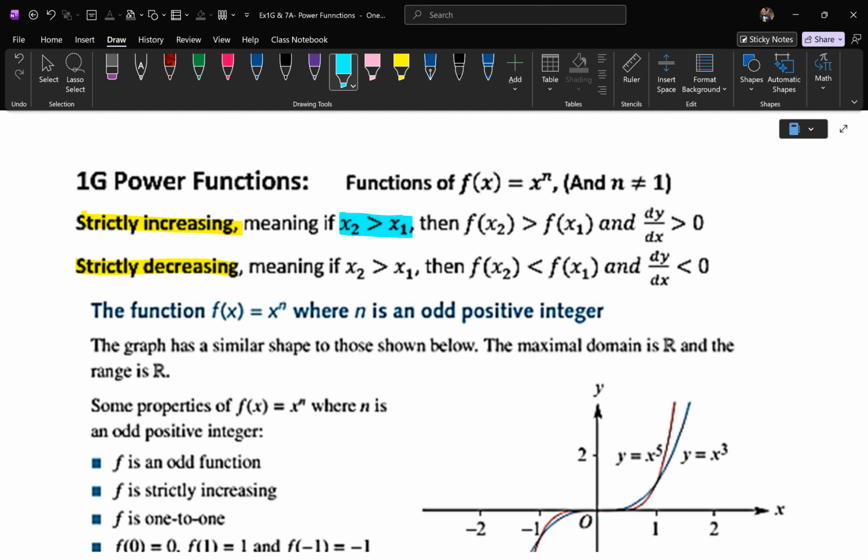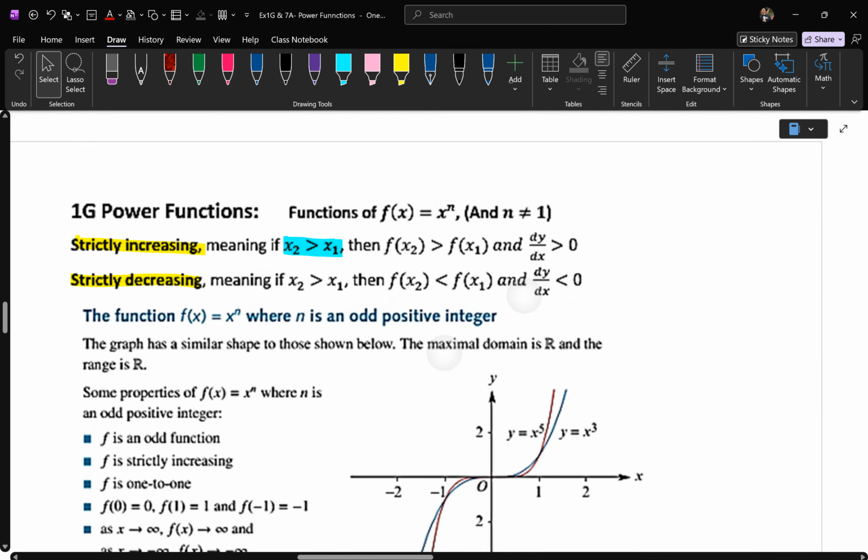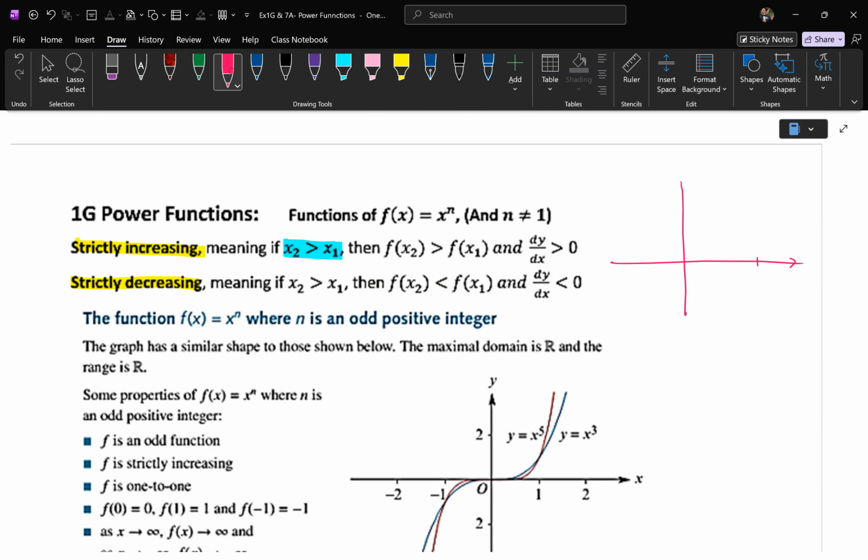The definition for what does strictly increasing mean? Literally here, so it's saying if you choose on your x-axis, I'll just draw an axis for you to see, x2 is bigger than x1. So it means that if x2 on the x-axis is larger than x1, so you've got a larger x value than the previous one, and that corresponds to if you found the y value of x2, let's say at this point, y value of x2, if this point is larger than the y value of x1, so you can see here, x1, so I pick this point here, and this is now y1.